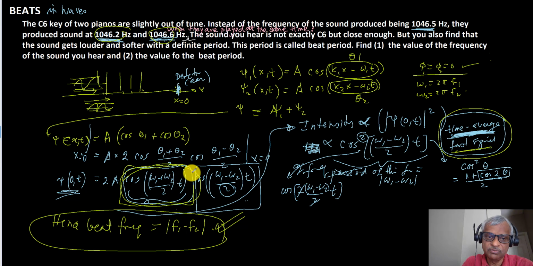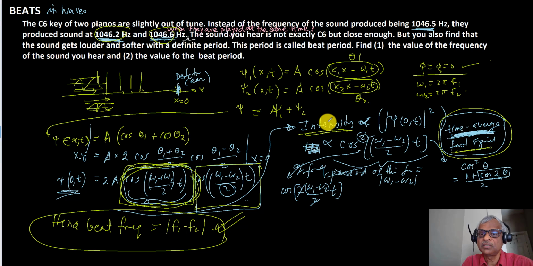This is one variation and this is another. This one is way faster than that one, so it gets averaged out to half when I do the intensity, square and time average. Intensity is always time averaged, but when you have two time scales in your problem, you have to think about which is going to be averaged out and which will not.